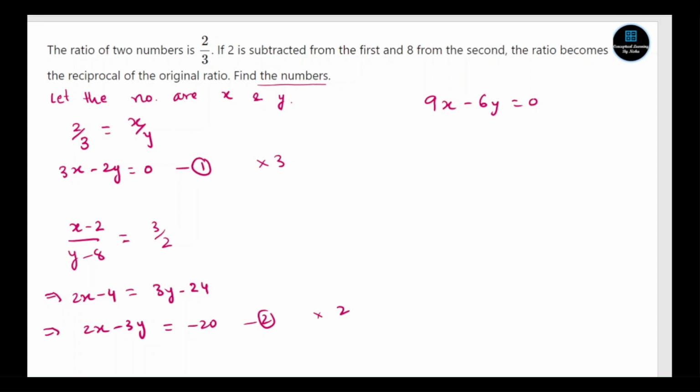And here if we multiply, 4x minus 6y equals minus 40, and then we use the elimination, so we can eliminate this, change the signs, so I'll get 5x equals 40 and x equals 8.